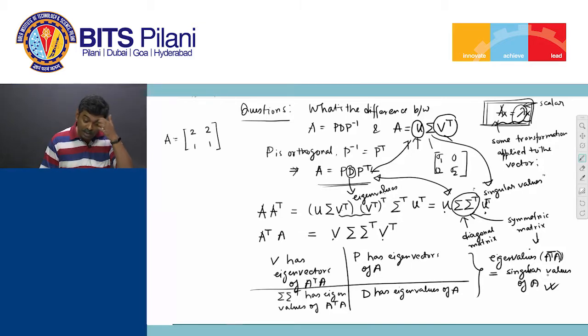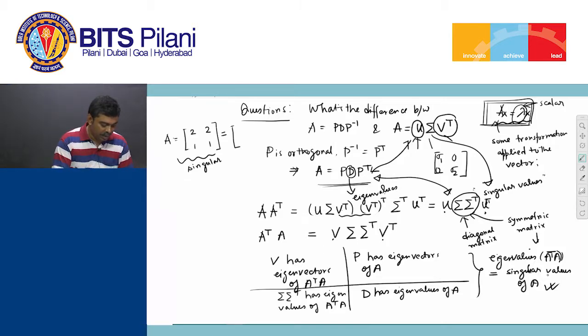A full rank matrix would give me 2 eigenvalues, but in this case it won't. So this is a singular matrix, not in the sense of SVD, but in the sense that the determinant is 0.